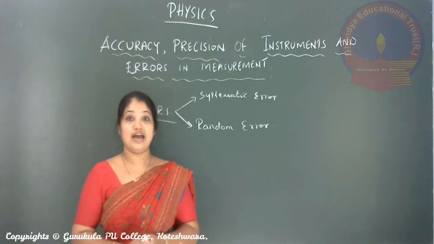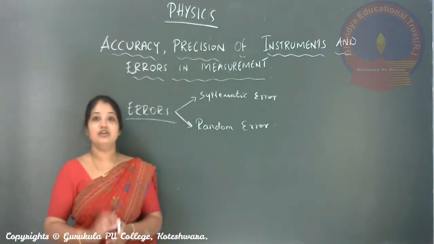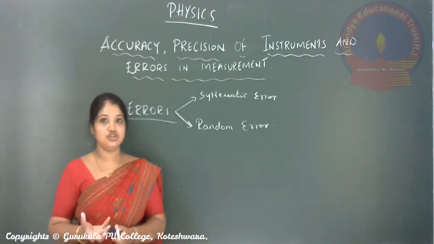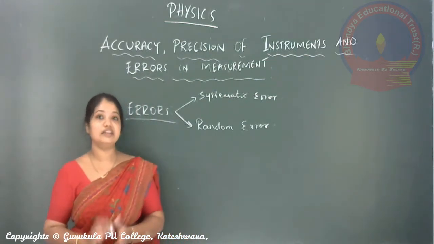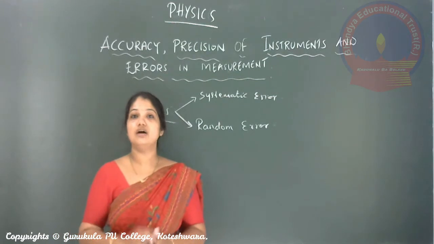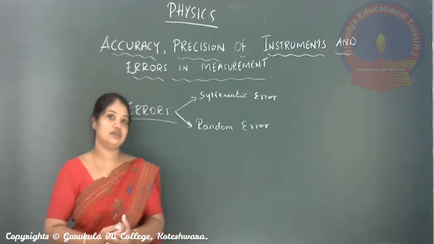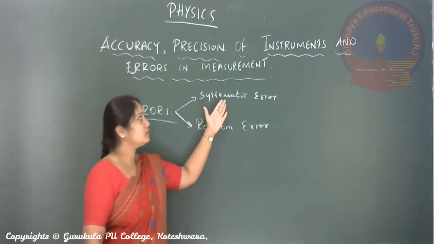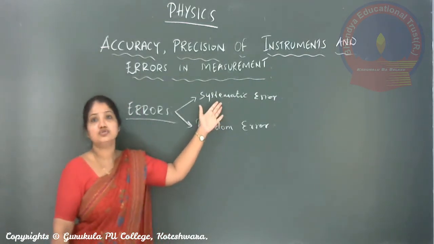We have certain instruments where you will have negative errors, for example the screw gauge. When we find the zero error, we can have a positive zero error or a negative zero error.